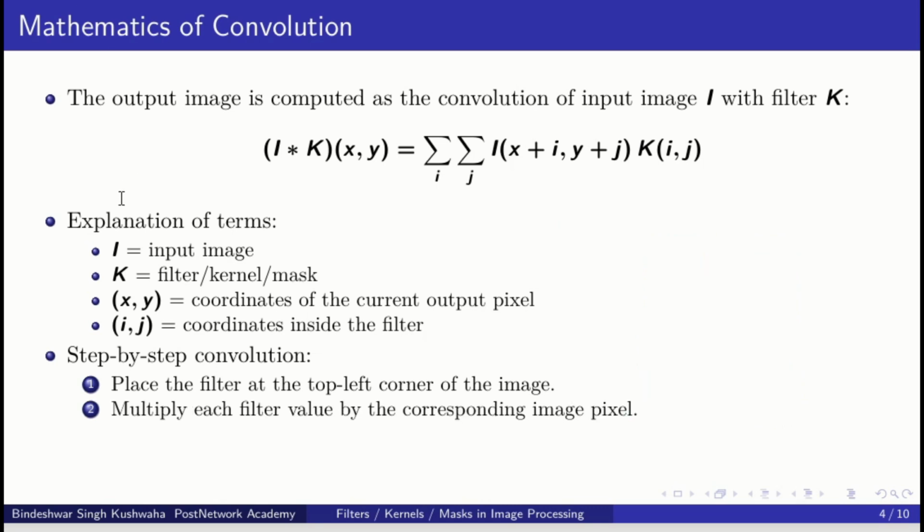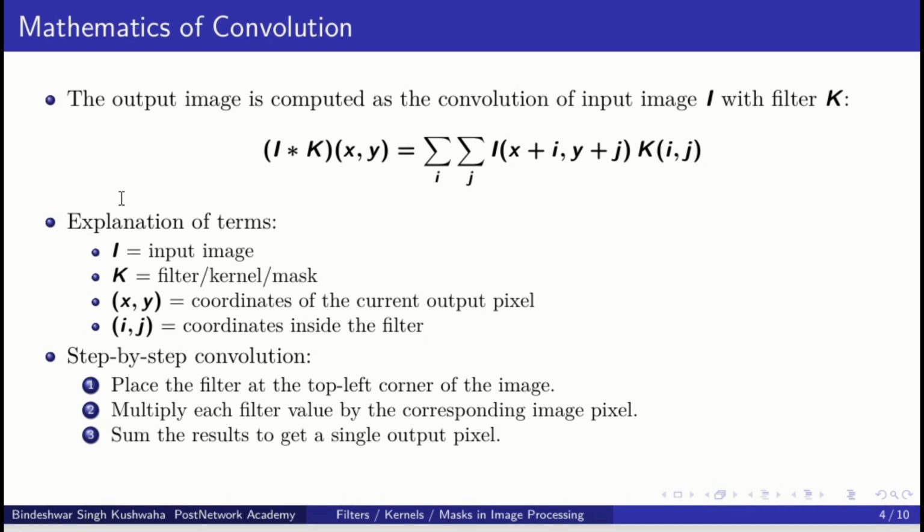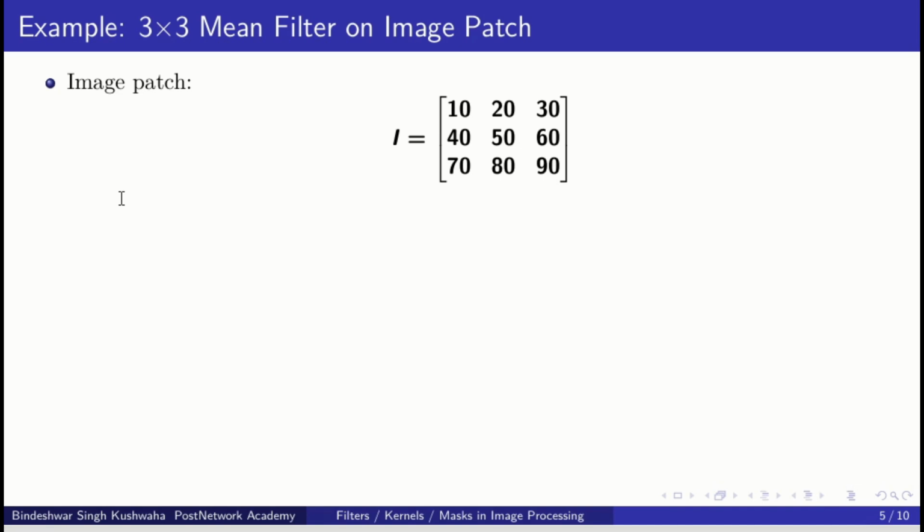Multiply each filter value by the corresponding image pixel. Now sum the result to get a single output pixel. Move the filter and repeat for all pixels. So the filter will move.